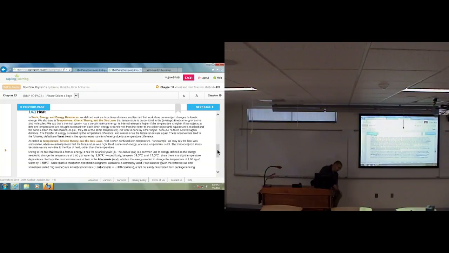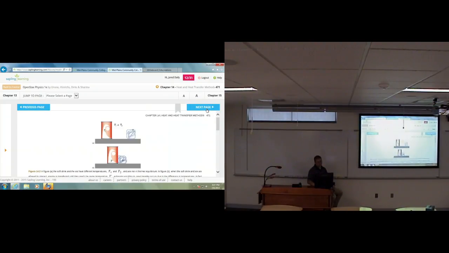Well, if heat is a type of energy, then it can be measured in all the same units that we measure energy in. It can be measured in joules, it can be measured in calories, kilocalories and kilowatt hours. Anything that we use to measure energy can be used as a unit for heat or heat transfer.